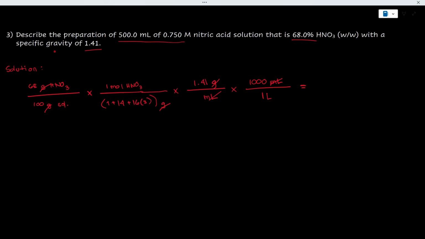That would be C1, the initial concentration of the concentrated nitric acid, which is 15.22 molar HNO3. So this is the molar concentration of the concentrated nitric acid solution.